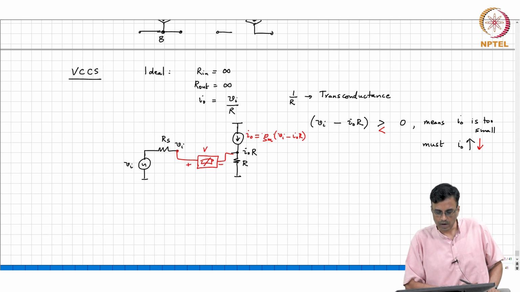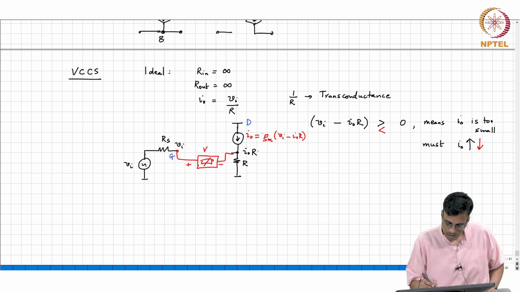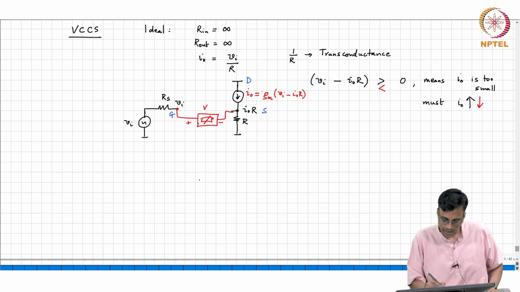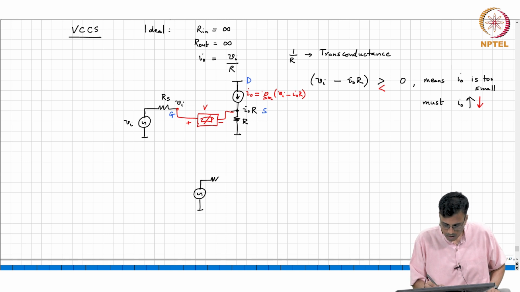And so, now can we identify the transistor source? In other words, the incremental diagram: this is Vi, this is R, and which is the output?